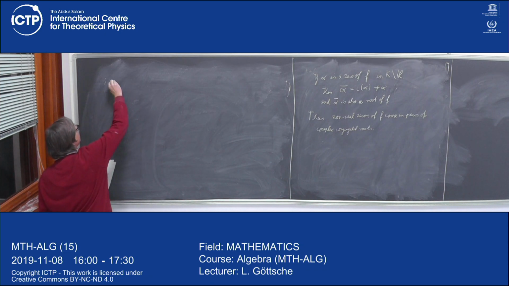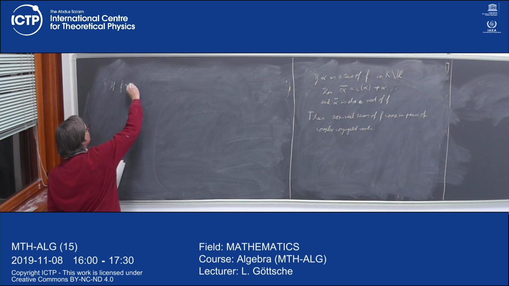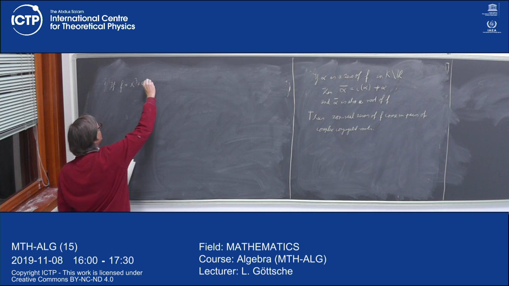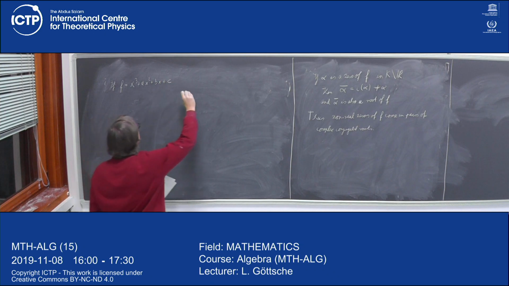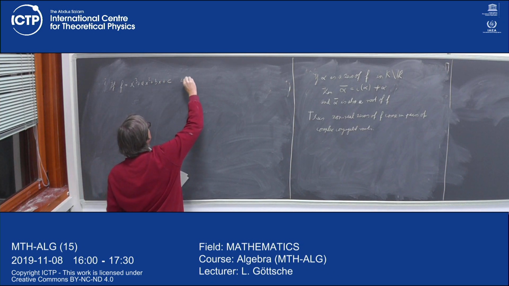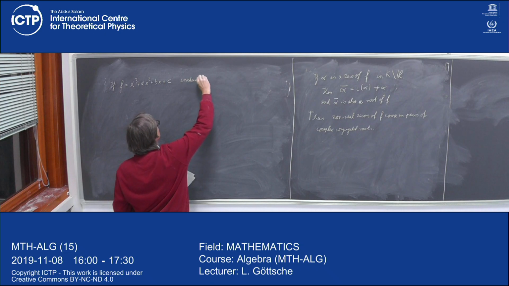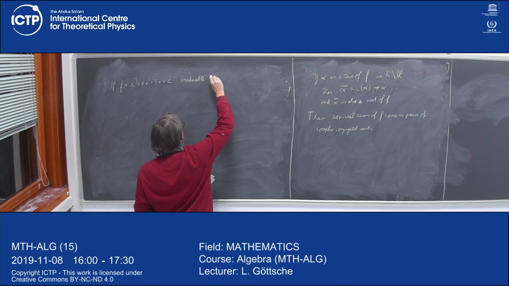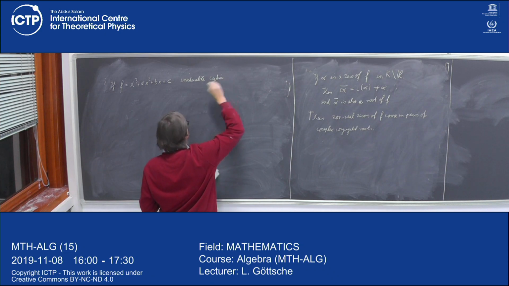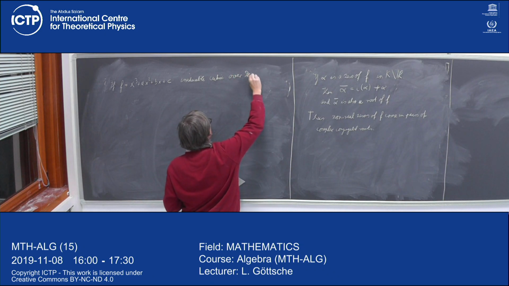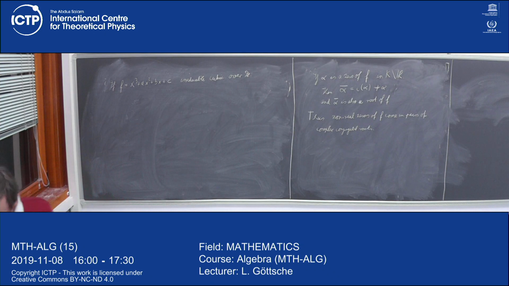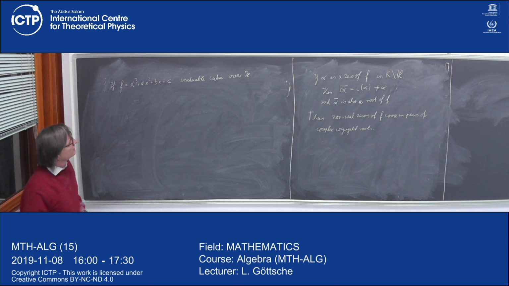So if f equals x^3 plus a x^2 plus b x plus c is, say, an irreducible cubic polynomial of degree 3, say over Q, or over some field K for a moment, then we can simplify it a little bit by getting rid of this coefficient.